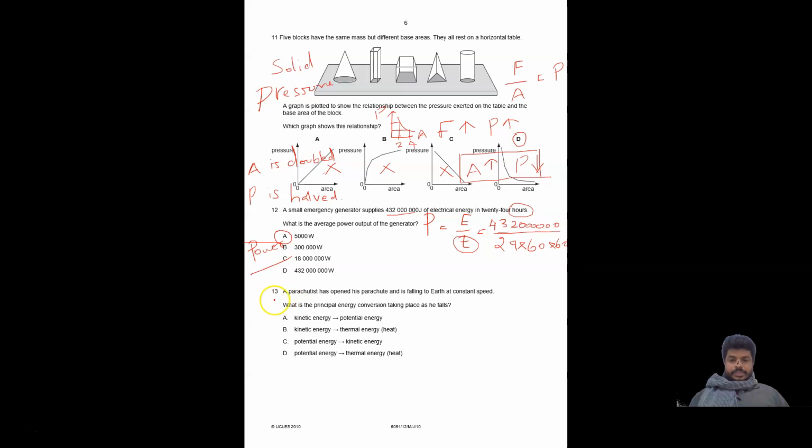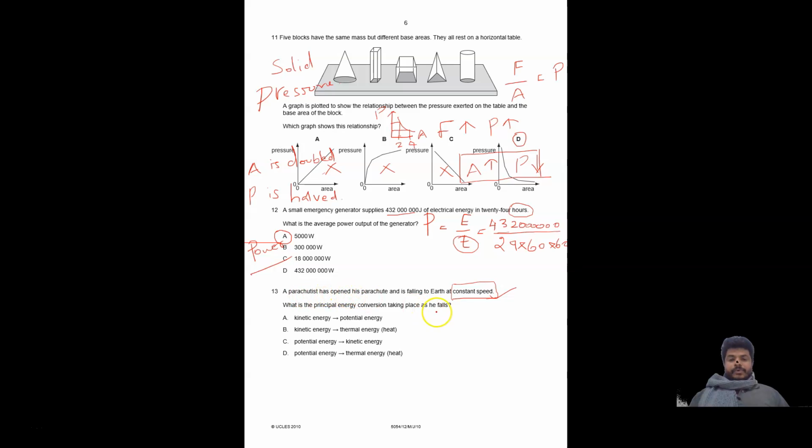So next question number 13. A parachutist has opened his parachute and is falling to earth at a constant speed. This constant speed, always in MCQ questions, this keyword helps us. What is the principal energy conversion taking place as he falls?